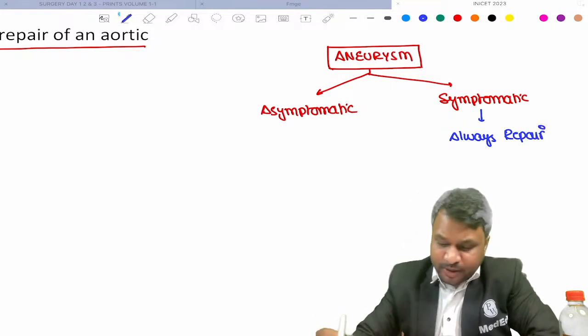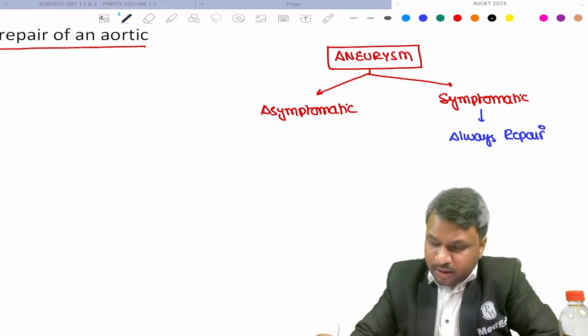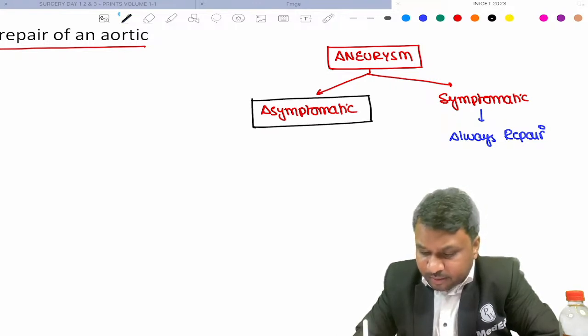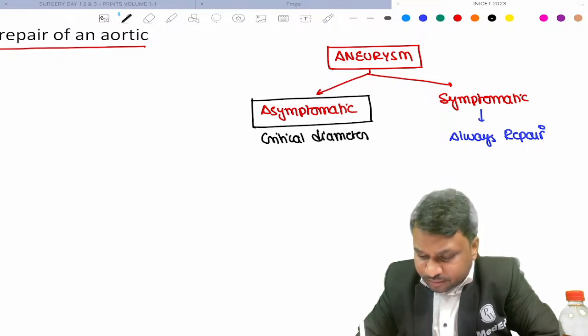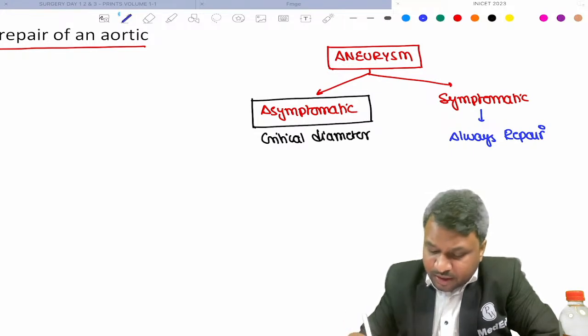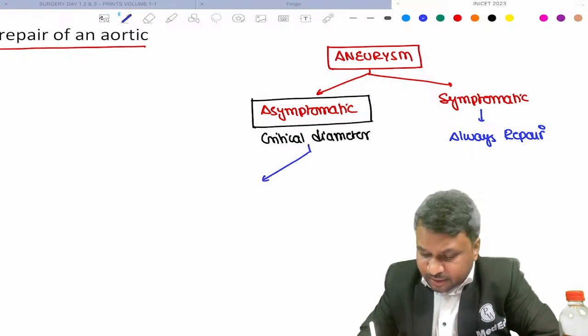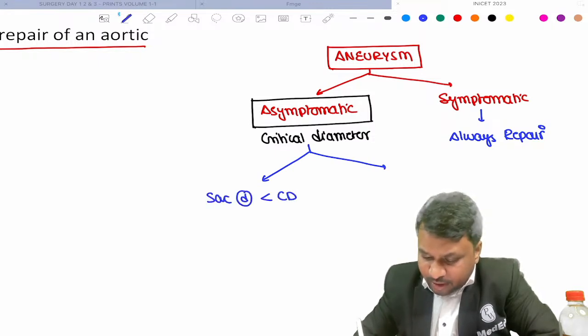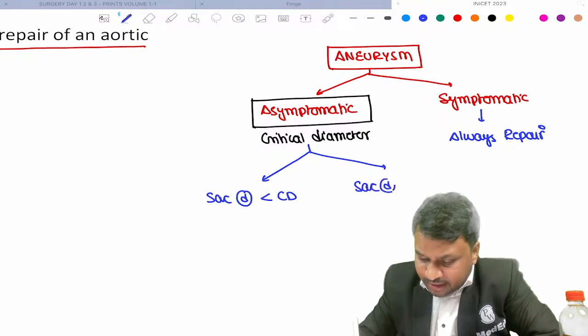Now, on the other hand, if the patient is asymptomatic, then we will measure something called a critical diameter. We will see whether the aneurysmal sac diameter is less than the critical diameter, or whether it is more than the critical diameter.